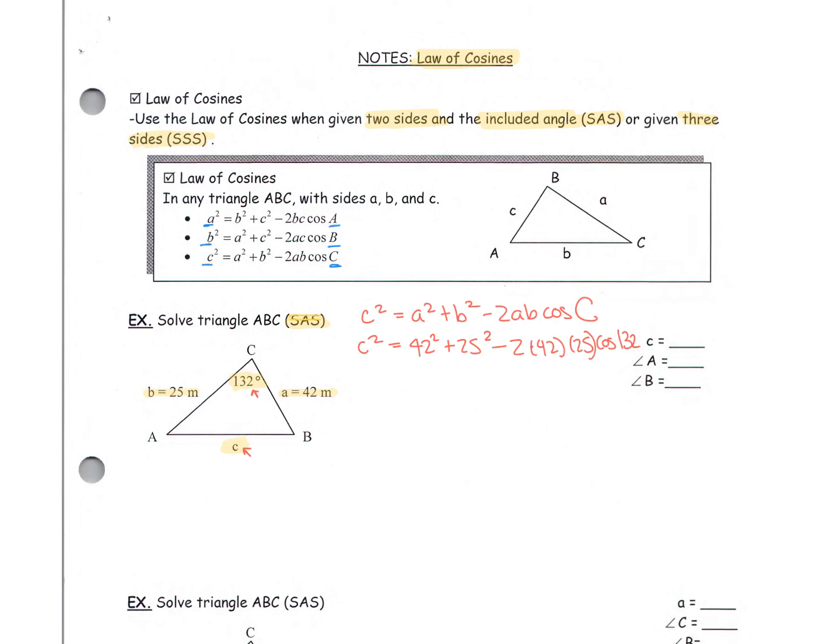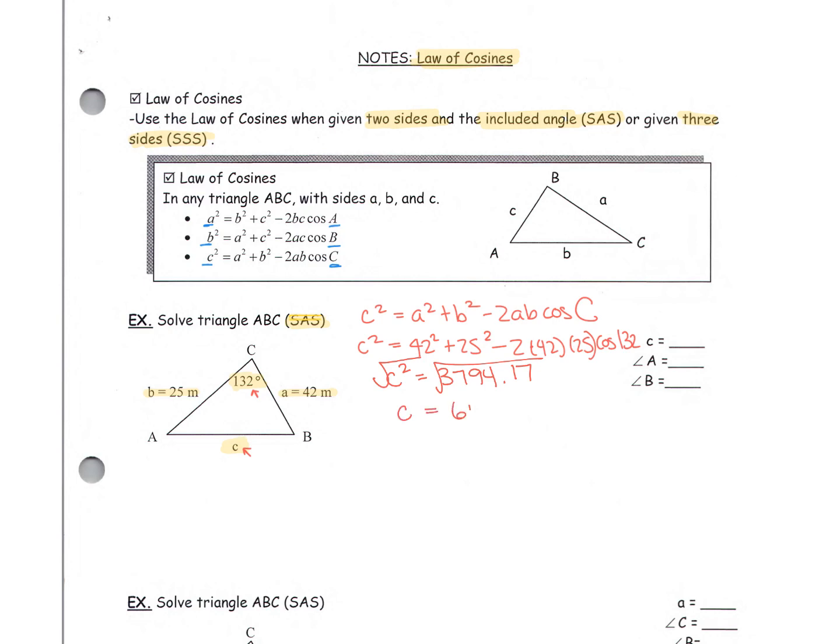Be careful when you put this into your calculator. You should be getting, if you're keying it correctly, c squared equals approximately 3,904.174273. I normally don't write down this step. I just go ahead and on my calculator do the square root. I just wanted to make sure that you were getting the right number when you typed all that in.